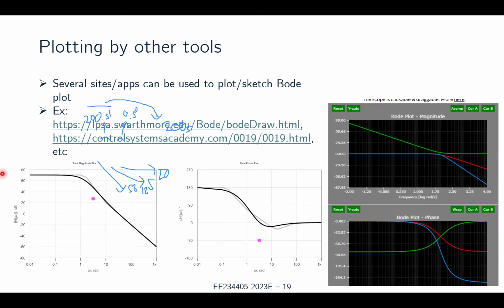And you can also use many other tools to do this, including some websites and some apps. So you can try to check this link.